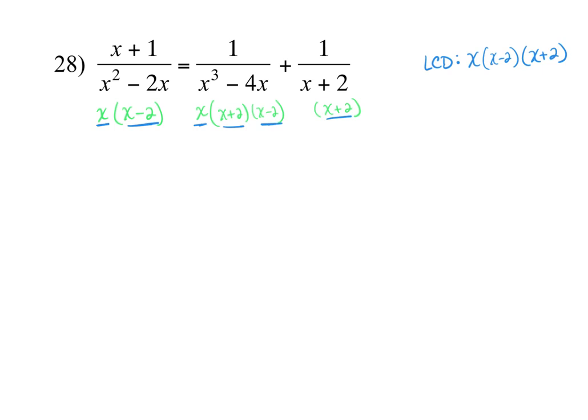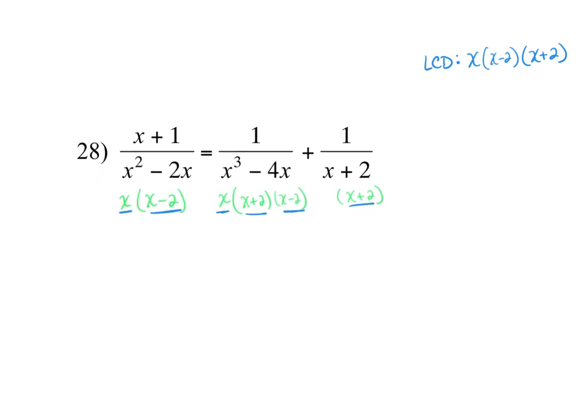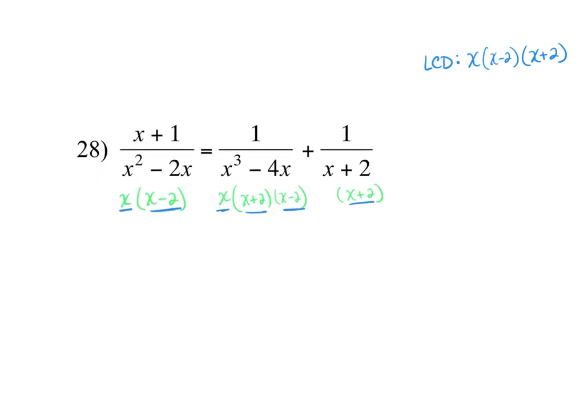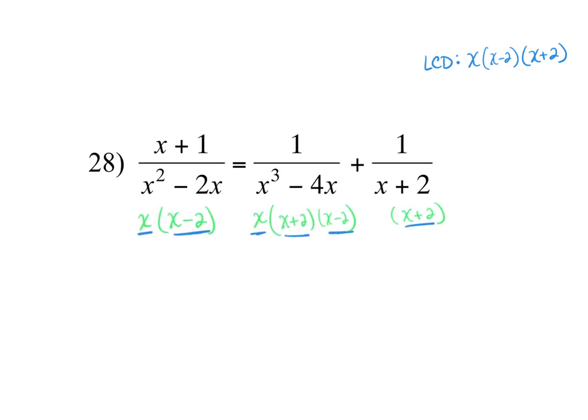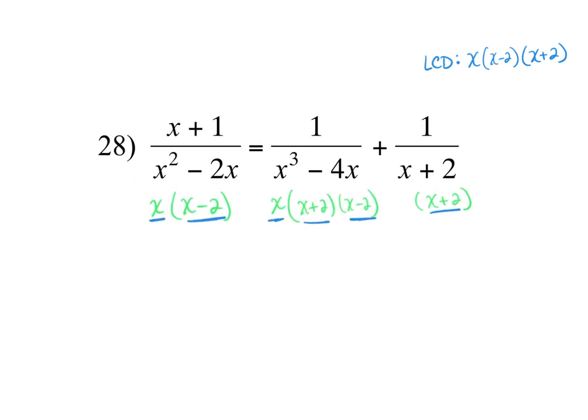Okay? So when I look at this, I'm going to take this whole group here, and I'm going to multiply each piece by that least common denominator. All right? When I multiply this first group by that, the x and the x minus 2 will cancel, right?